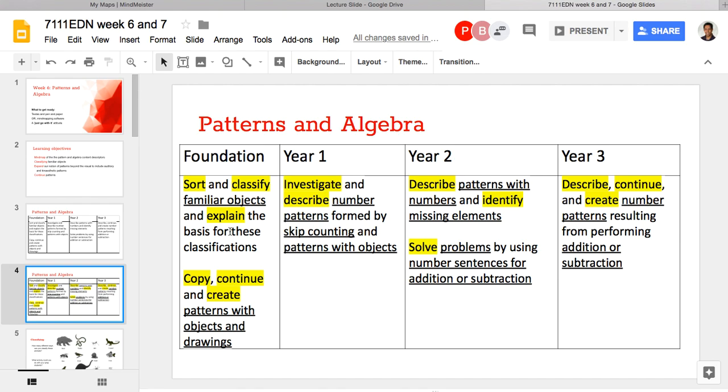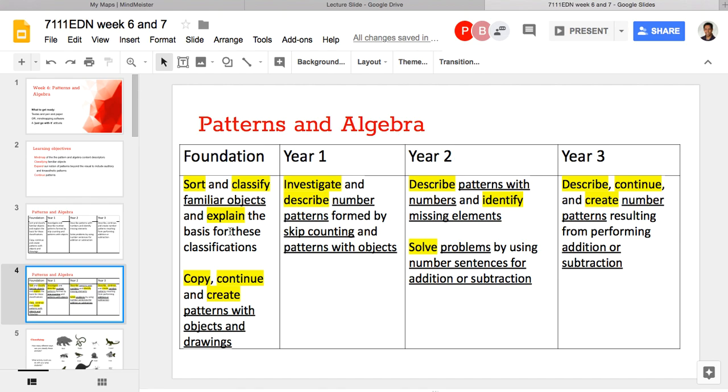When we look at the constructivist continua, we're dealing with familiar objects first before we're moving on to more unfamiliar topics such as numbers. Okay? We're also looking at patterns with objects and drawings. So objects, once again, drawing upon that familiar.